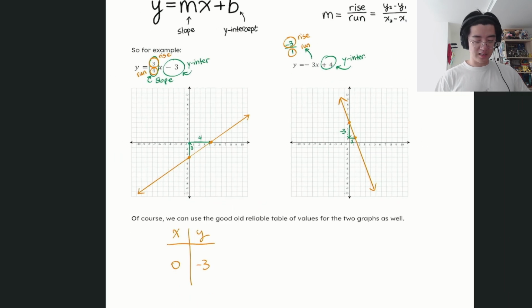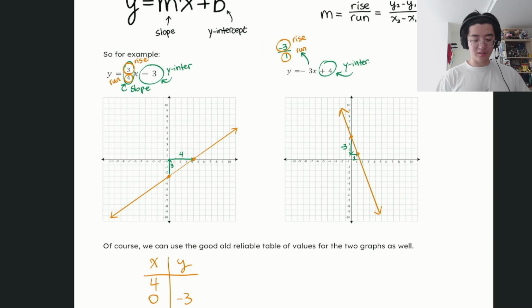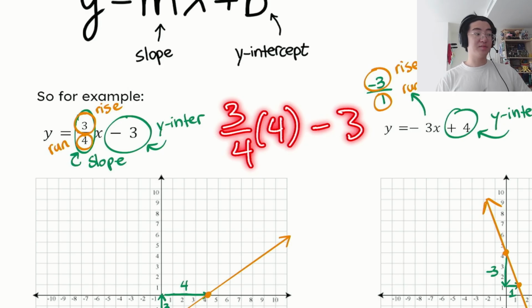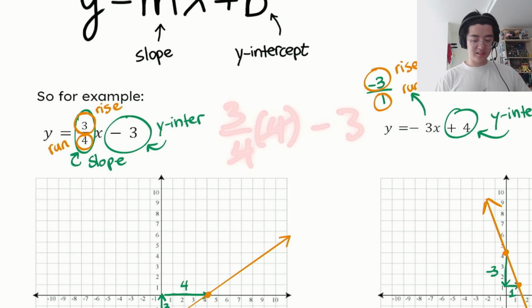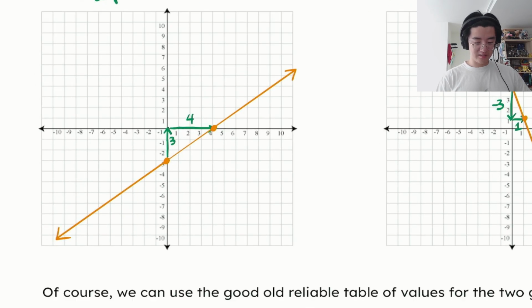So what we can do is try to plug in x equals to 4. Because if x equals to 4, this will cancel out to get 0. 3 over 4 times 4 minus 3. So 4 cancels out. So you got 3 minus 3, which is 0.